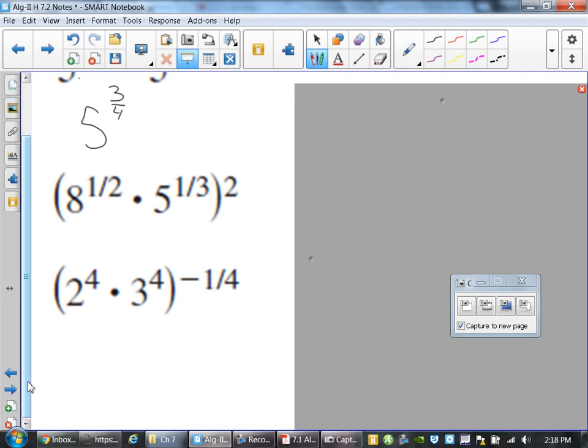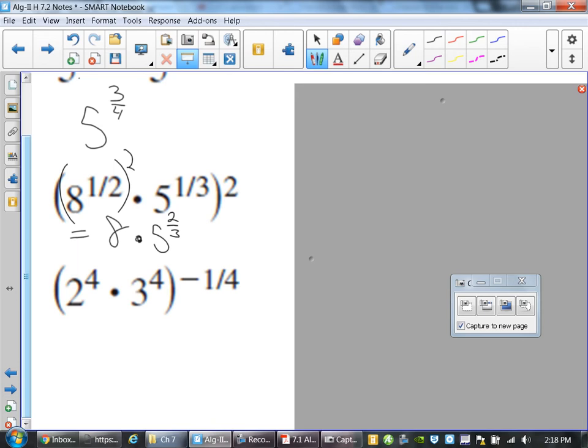This becomes 8 times what? When you do power to power here, what's 1/2 times 2? 1. 5 to the 2/3. Very good. And that would be my answer. It'd be 8 times 5 to the 2/3.